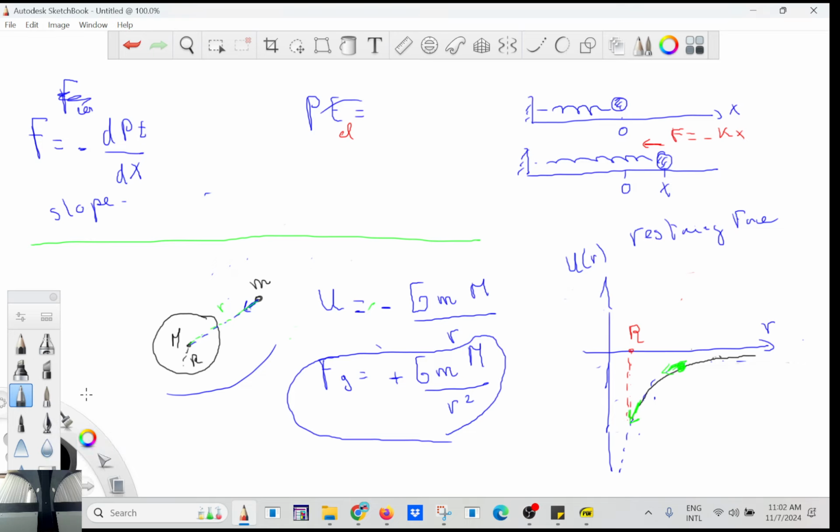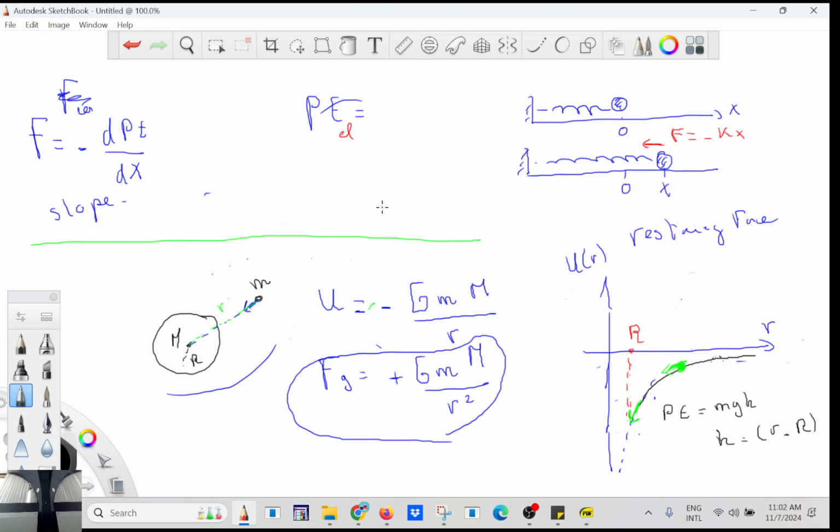We're going to see that very close to the Earth, the potential energy will be mgr or mgh, h being the distance from the center minus the radius. Do you understand?